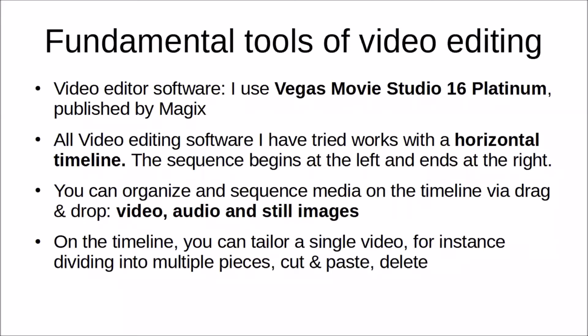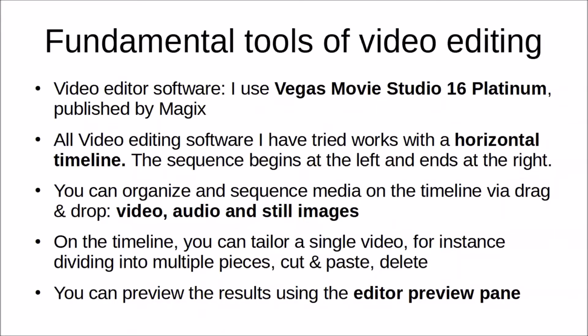You can do all of that. And I might add, what I've described so far about editing is also available in VideoPad. And you can preview the results because the editor includes a small television-like preview pane.